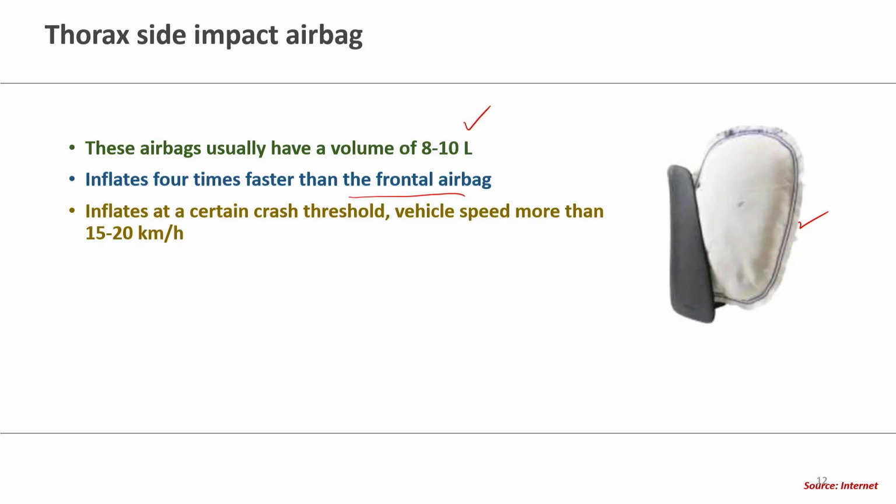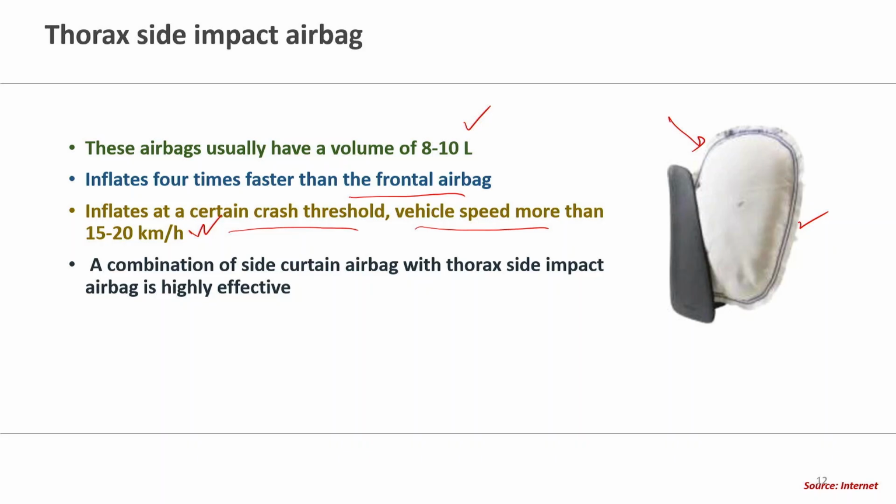Because of the smaller size, it inflates at a certain crash threshold, a vehicle speed of more than 15 to 20 kilometers per hour. Only if it is more than that speed will this type of thorax side impact airbag get activated.